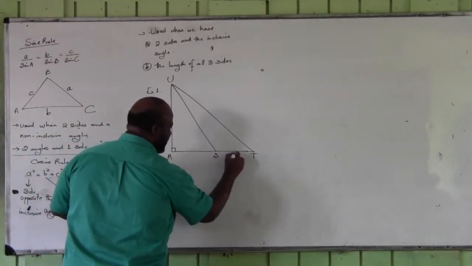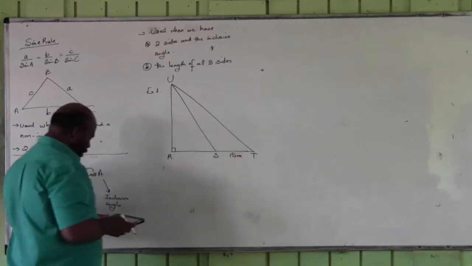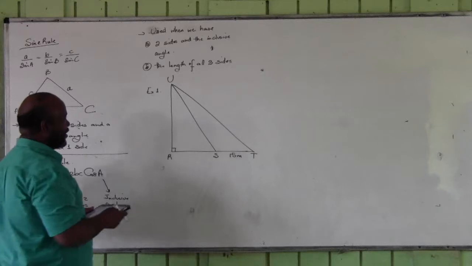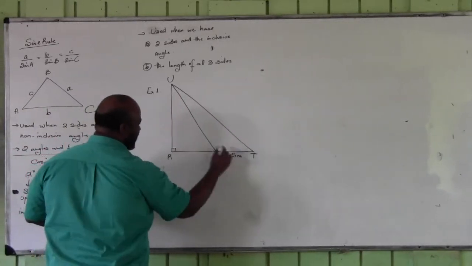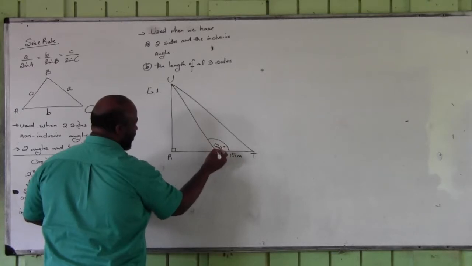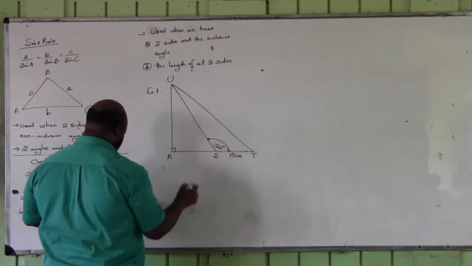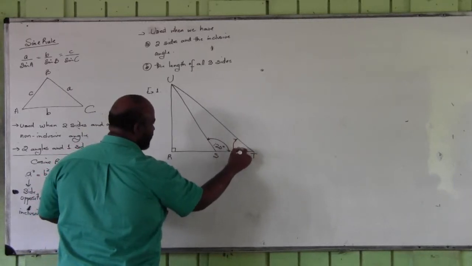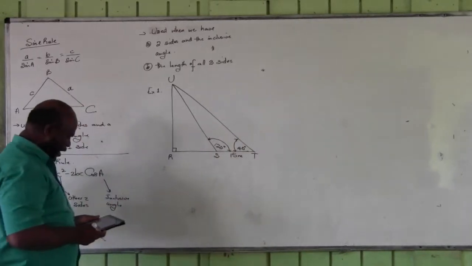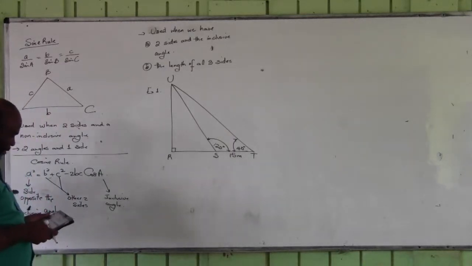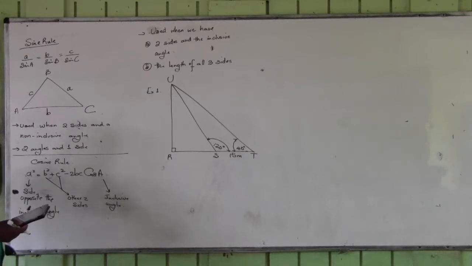We're told that angle UST is 120. Angle UST, that's this angle here, it's 120. And we're told that this angle here is 40 degrees. Alright, so this is all the information we have.